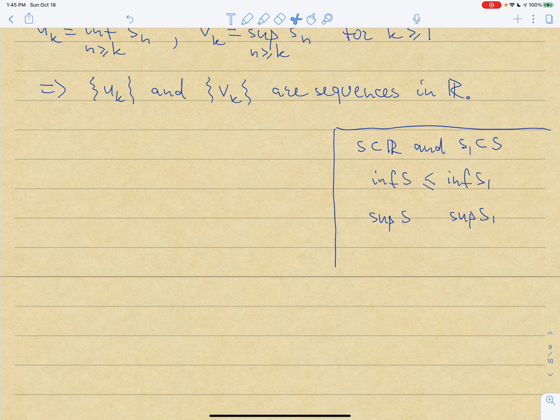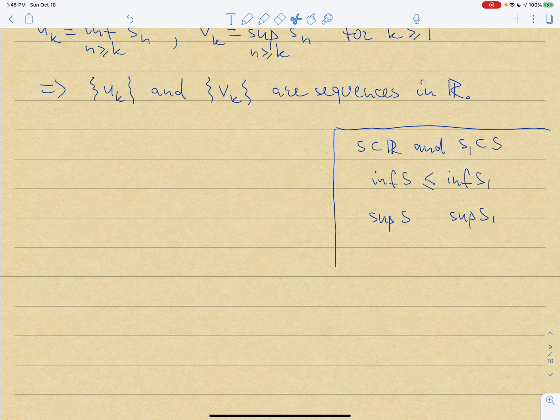So either this element itself is equal to the supremum, and if I remove it, then the supremum of the set is going to be potentially lower. Or this element is smaller than the supremum. In that case, the supremum is not going to change.